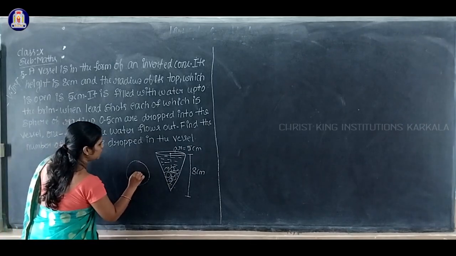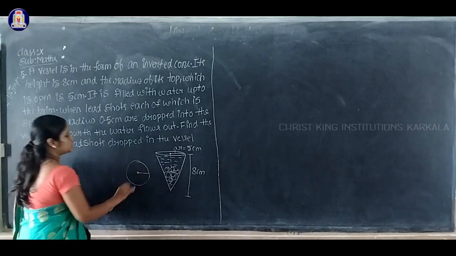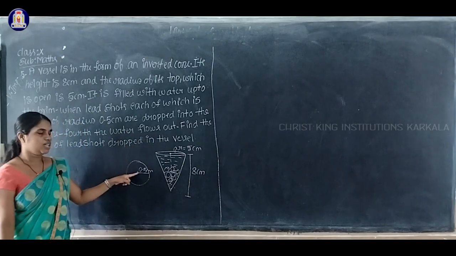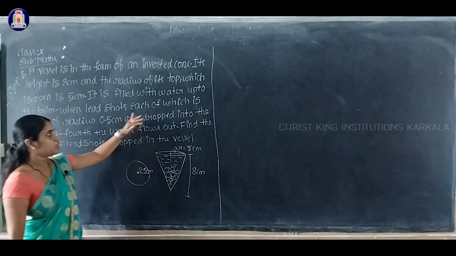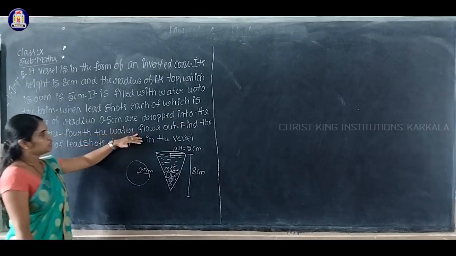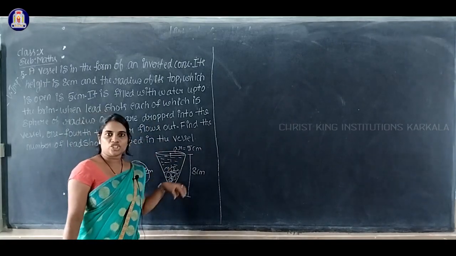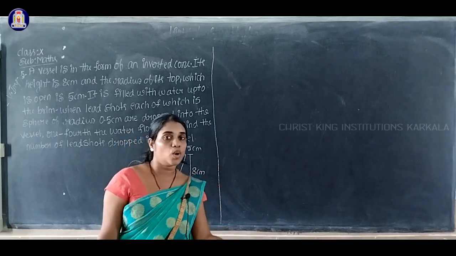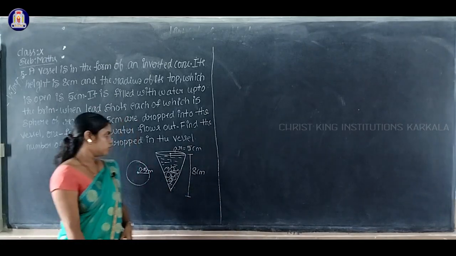And what is the radius of that sphere? Radius of the sphere is 0.5 centimeter. When I drop a few lead shots into the vessel, what will happen? 1/4 of the water will flow out.